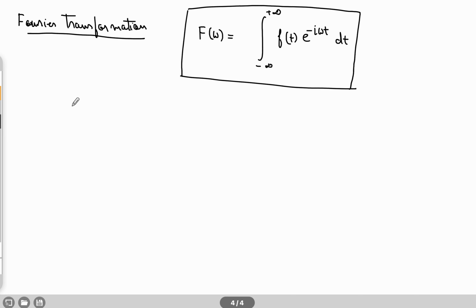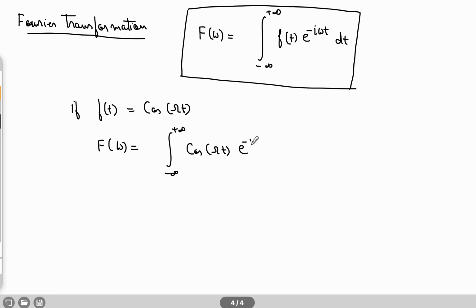So let's say if your f(t) is a pure cosine signal, cos of offset t. Let's say this is your NMR signal, there is no decay, there is no sine component, just the cosine part. Then F(ω) will be given by the integral from minus infinity to plus infinity of cos(offset t) e to the power minus iωt dt.